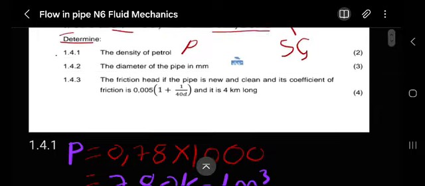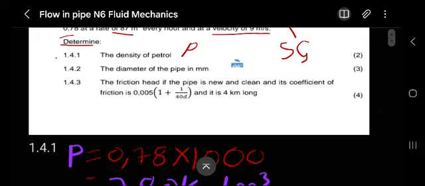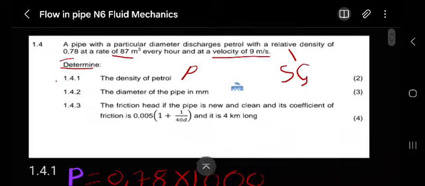Now 1.4.2 asks for the diameter of the pipe in millimeters.